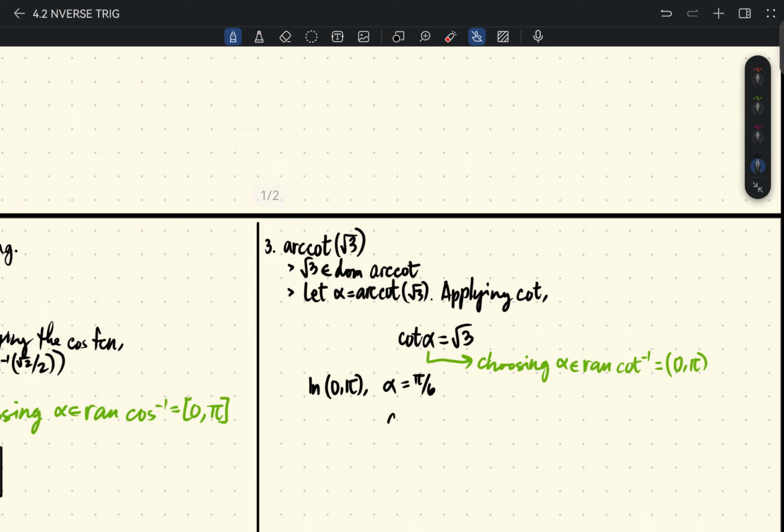And so we have arc cot of square root of 3 equals pi over 6. So once again, just like what I said in our previous discussion, you really have to remember your special values.